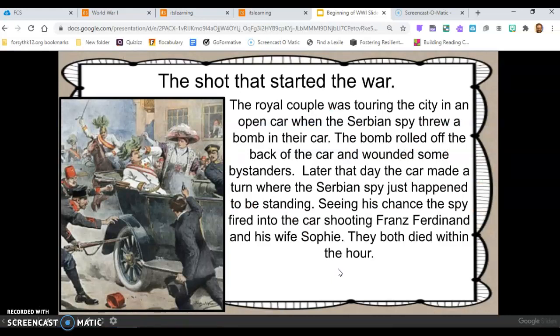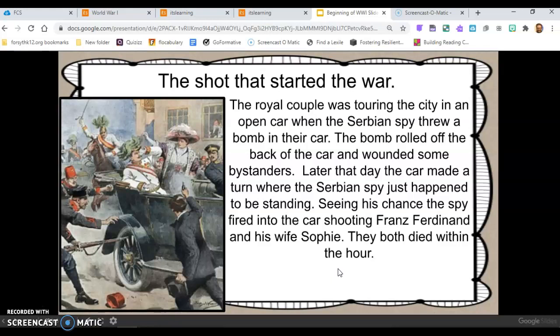It's interesting how this happened. The couple was touring in a city when this spy, the Serbian nationalist, threw a bomb in their car. And actually, that didn't kill them. The bomb actually rolled out and ended up injuring some people in the crowd, but it didn't kill their target.